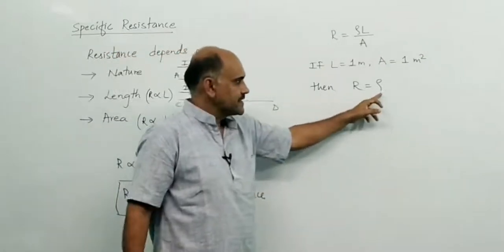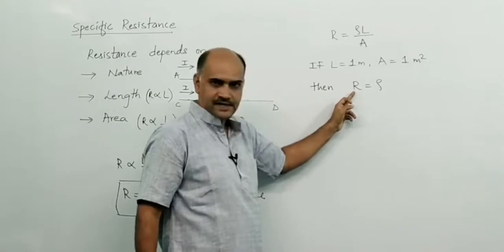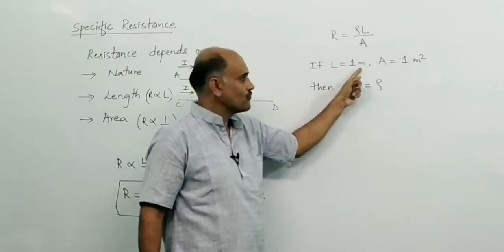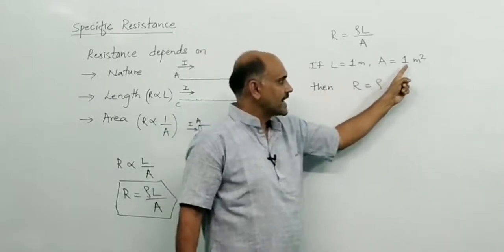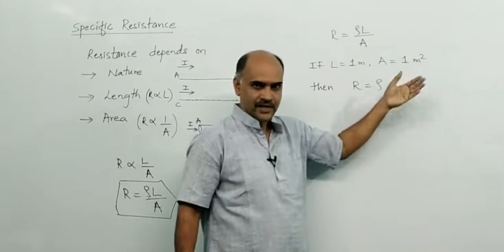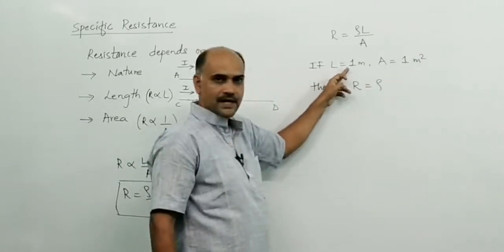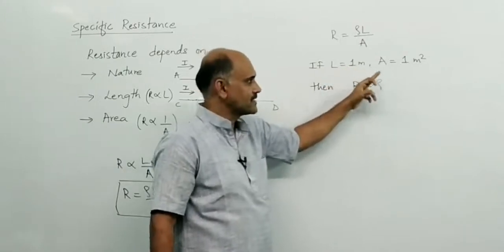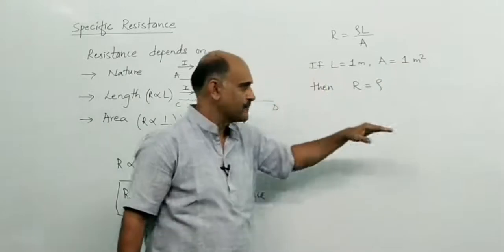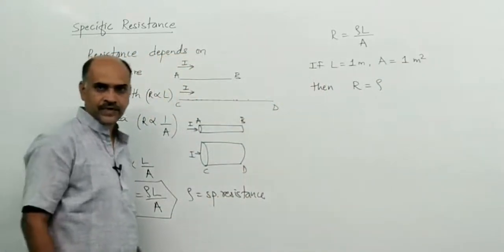So resistivity or specific resistance is defined as the resistance offered by a conductor of 1 meter length having cross-sectional area 1 meter square. That we call specific resistance. Clear, students?